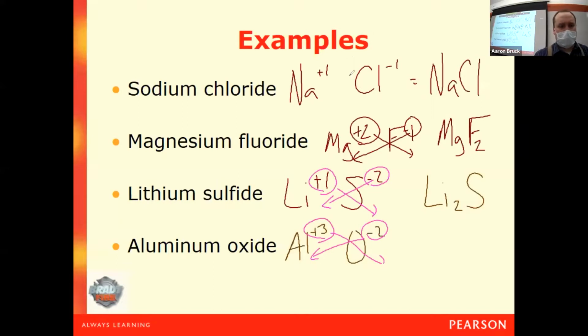And the net result, 2 aluminums, Al2, 3 oxygens, O3. So Al2O3 is the appropriate formula for aluminum oxide.